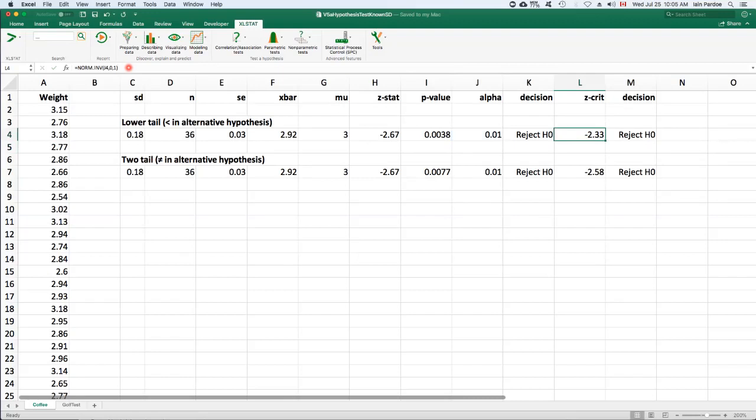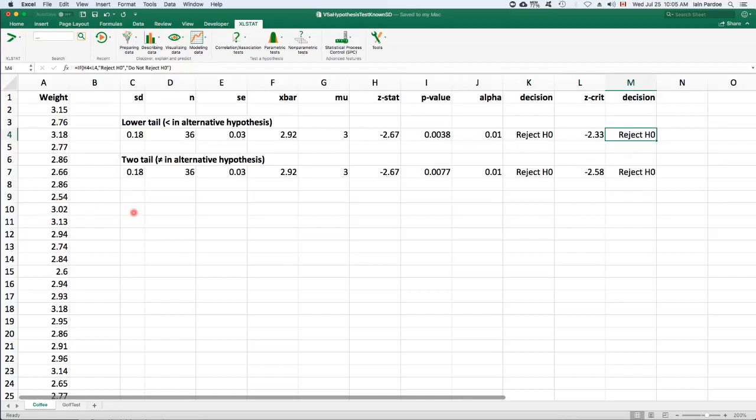Because we're doing a lower tail test, the decision is to reject the null hypothesis if our Z statistic is to the left of that critical value. And again, we get the same outcome because it's equivalent. Whether you use the Z critical value or the p-value, you'll end up making the same decision.